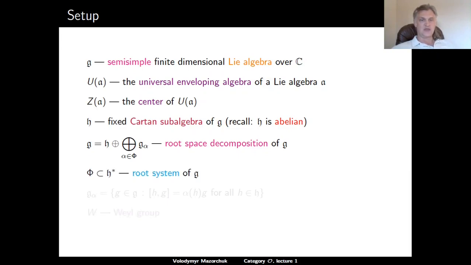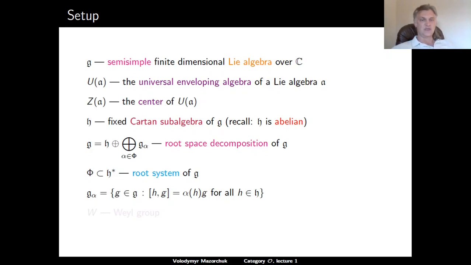So the roots are elements in the dual space to the Cartan subalgebra, and for each root alpha, the corresponding root subspace consists of all elements in our Lie algebra g which are eigenvectors of the adjoint operator of h, with eigenvalue alpha(h), where h is an arbitrary element of our Cartan subalgebra.